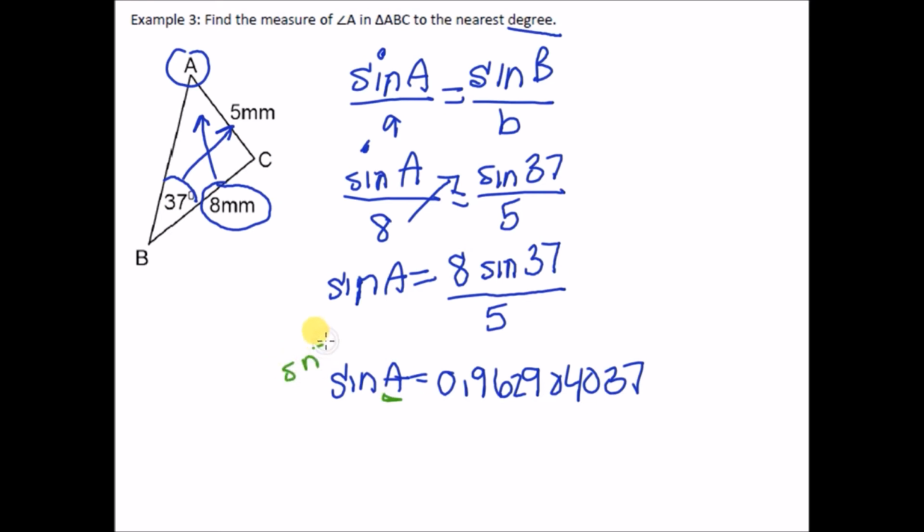We actually have to sine inverse. The problem is that when we're applying a trig ratio, either sine, cos, or tan, if we don't keep all of these decimals, it's not going to be accurate at all. So inverse sine that, and we get 74.3 rounded. So 74 degrees.